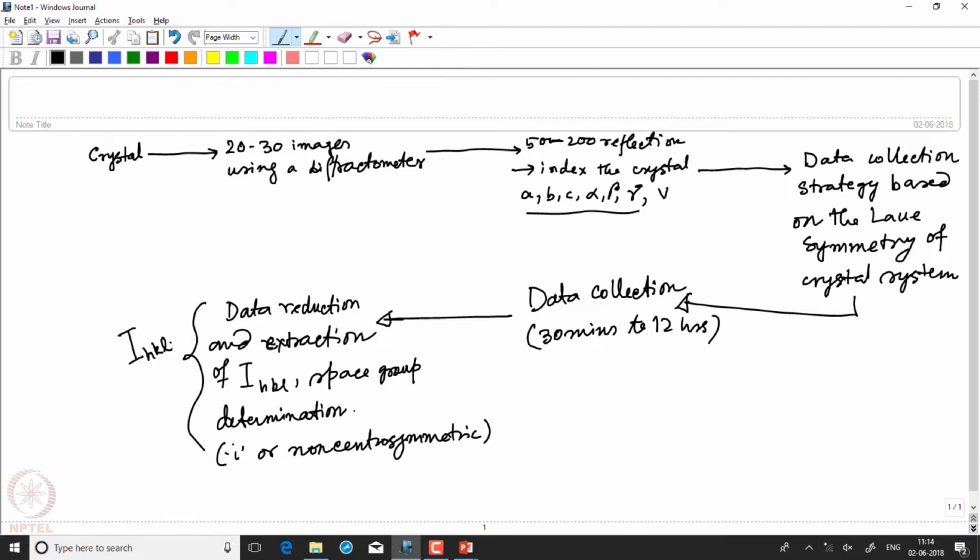For all the reflections that we have collected, we just have the intensity. And as we know, this intensity I(hkl) is proportional to the square of the amplitude of the structure factor.